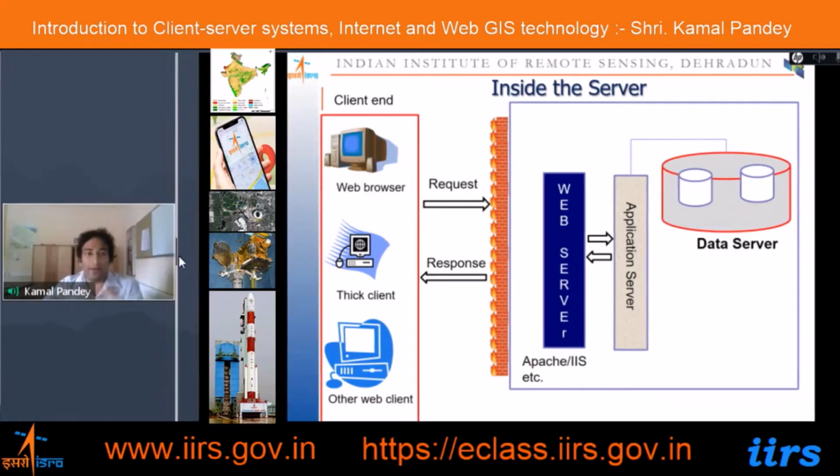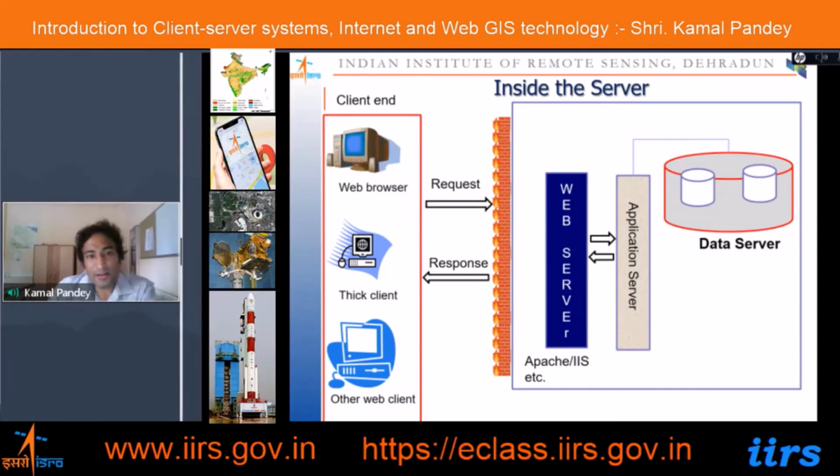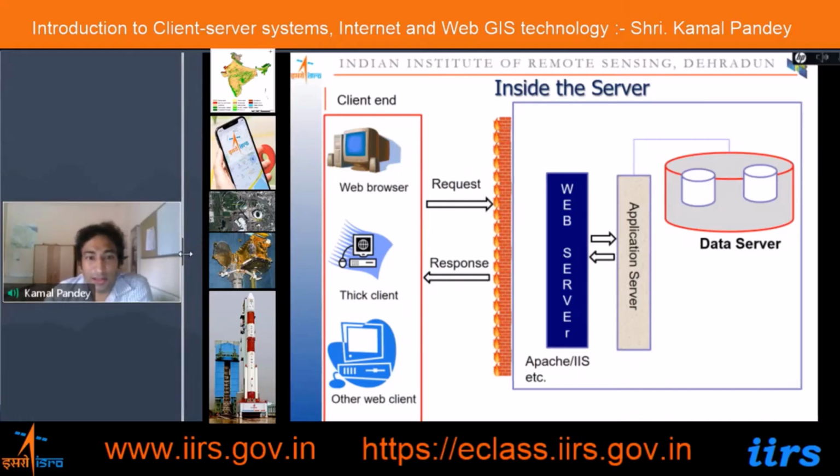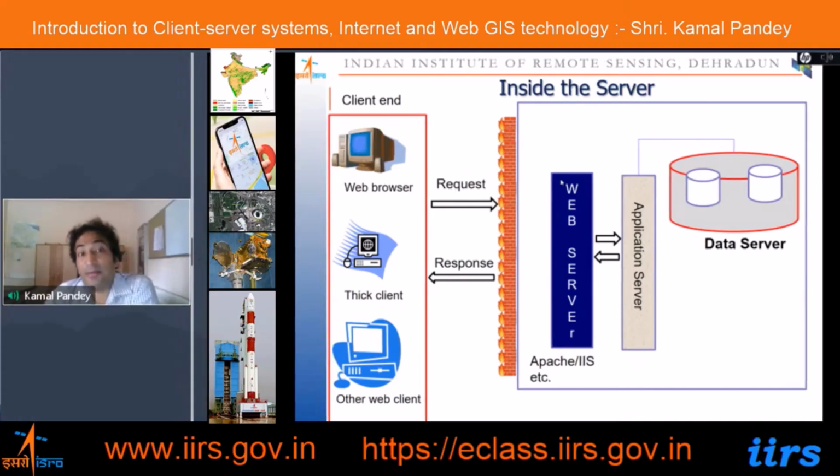Now, if the request is dynamic in nature, dynamic in nature means a person is sending some bounding box of an area. He is not asking for some information to be fetched from the server, but he is sending some bounding box and asking the web server, you please fetch the land use map on this bounding box to me. So it is sending some request. So it becomes a dynamic request.